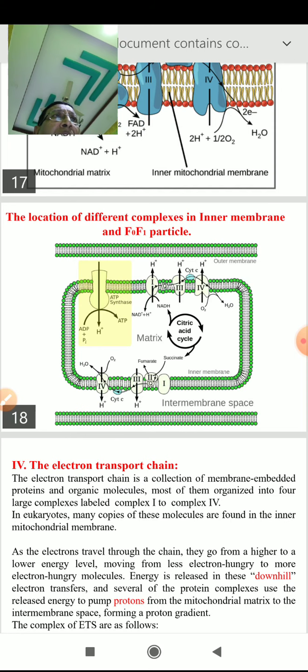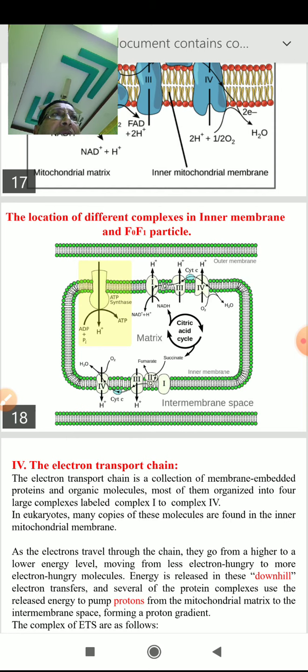From the matrix, all the hydrogen protons and electrons which are generated will be transferred from the M site to the C site, that is, the outer membrane or the intermembrane space. As a result, an ionic gradient is produced. The hydrogen protons will be more here, and OH will be more inside. As a result, outside will be positively charged and inside negatively charged.